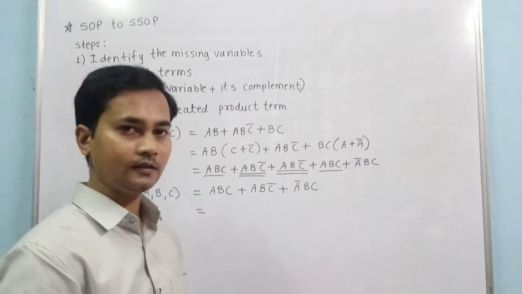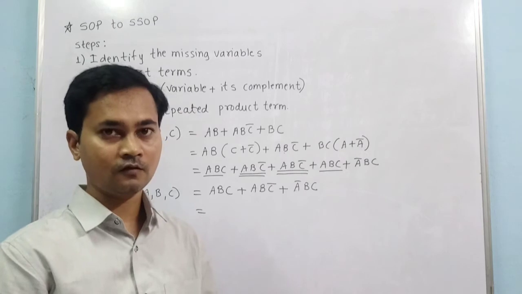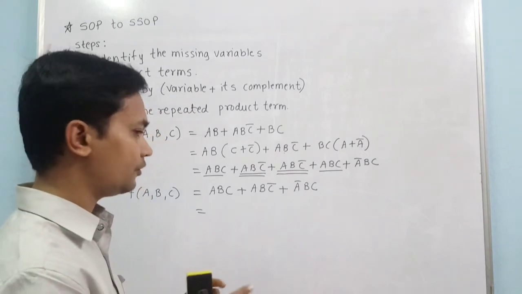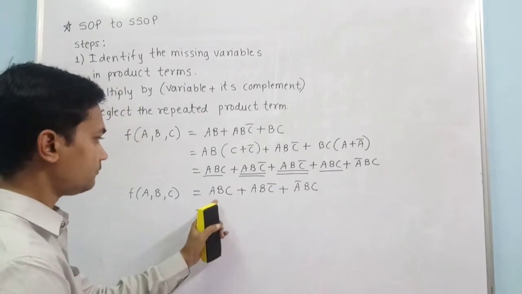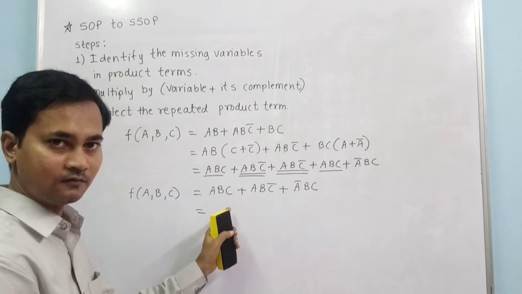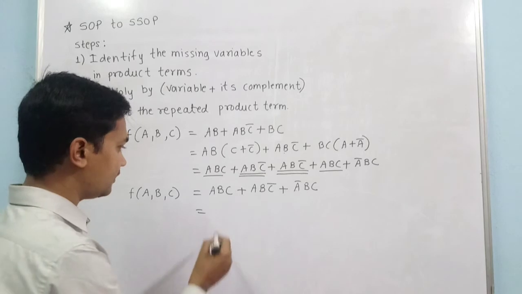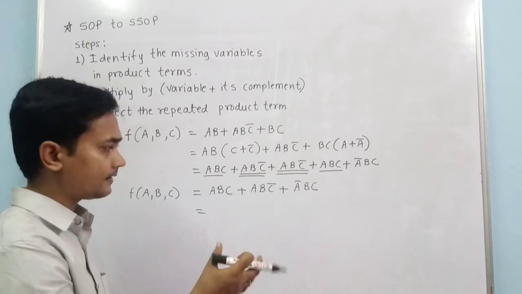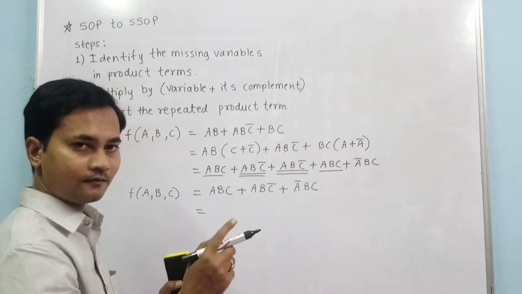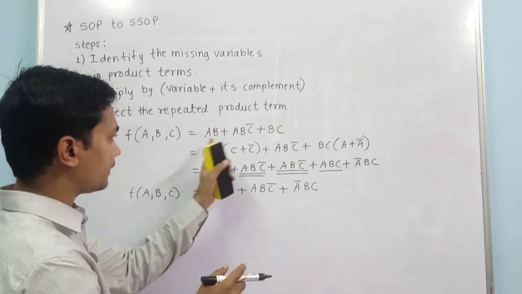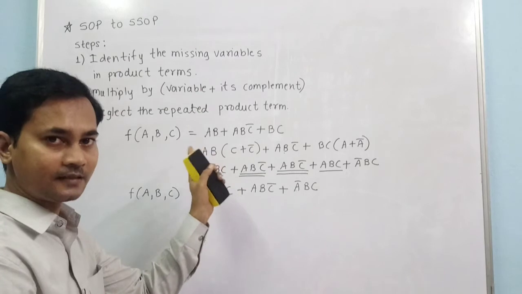Now the main question is why to convert it into standard SOP form. Standard SOP is used to represent which inputs have 1 in the given truth table. If an SOP expression is given, we have to find out which decimal number or binary combination has 1.